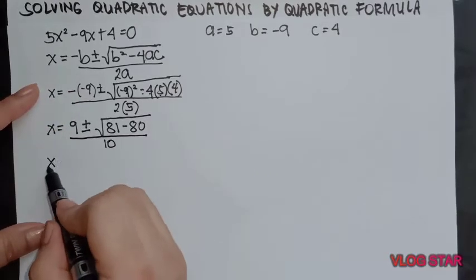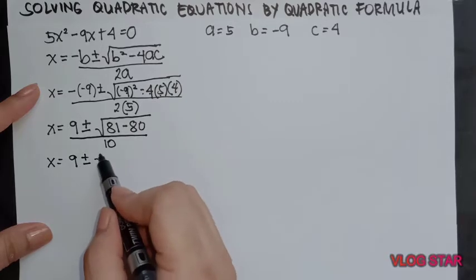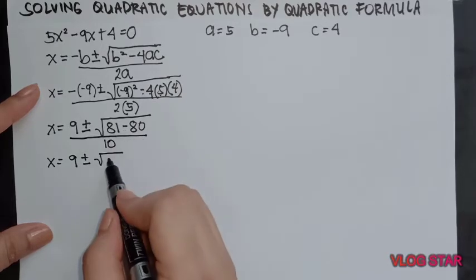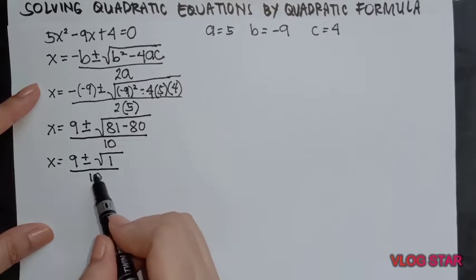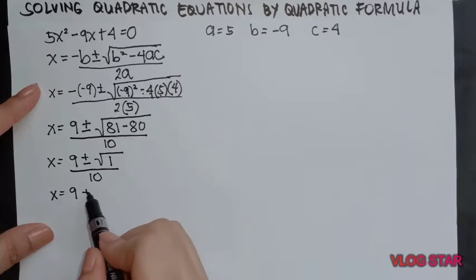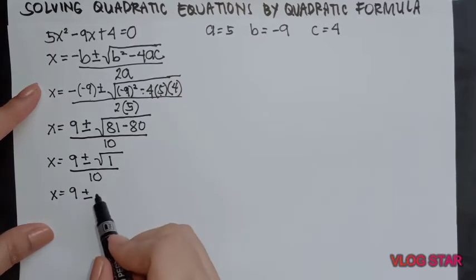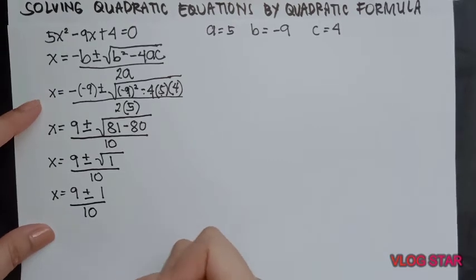So we have now x equals 9 plus minus the square root of 81 minus 80 is 1, all over 10. So we have now 9 plus minus the square root of 1, which is 1, all over 10.